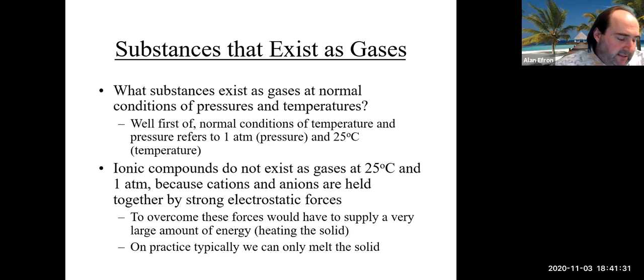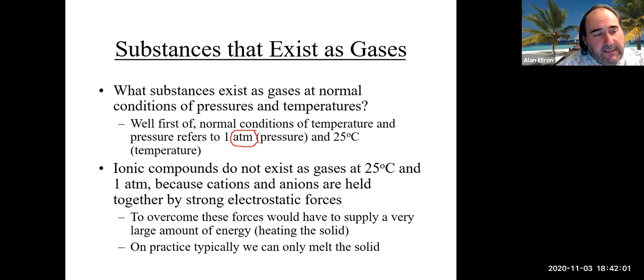That usually is a pressure of 1 atmosphere, that's what ATM stands for, and a temperature of 25 degrees Celsius. These are typically the conditions you find in tables in the back of books and stuff like that.